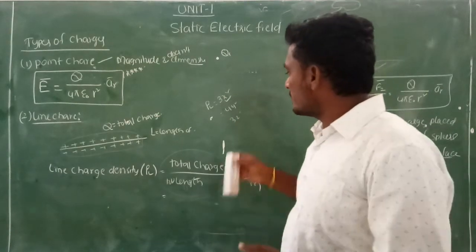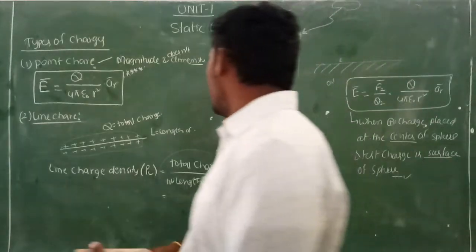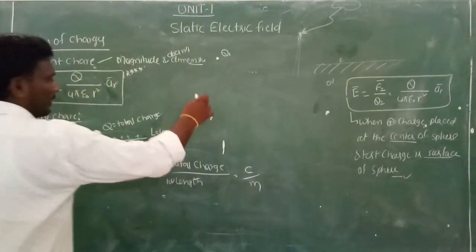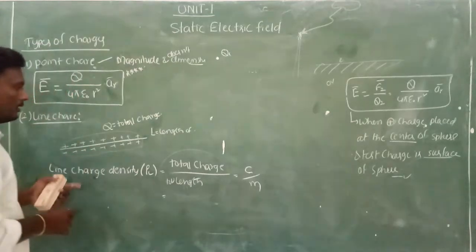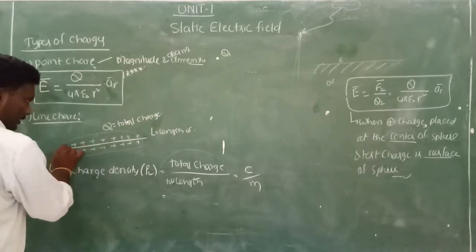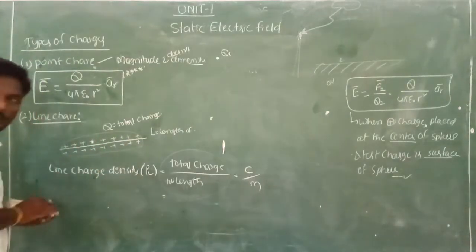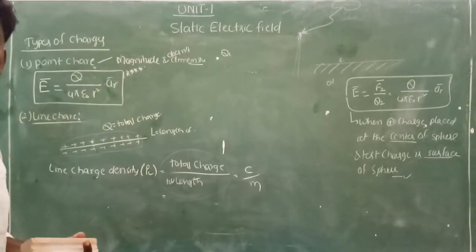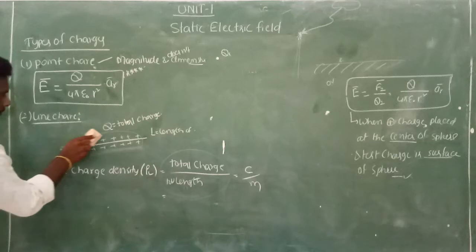In such cases this formula is not sufficient. So for infinite length of conductors we have to take a small differential length on this line. This is the total length, and I am taking a small differential length here, up to here like this. Listen carefully here.